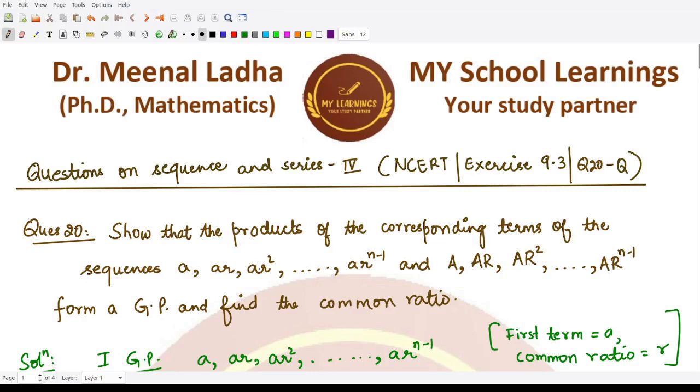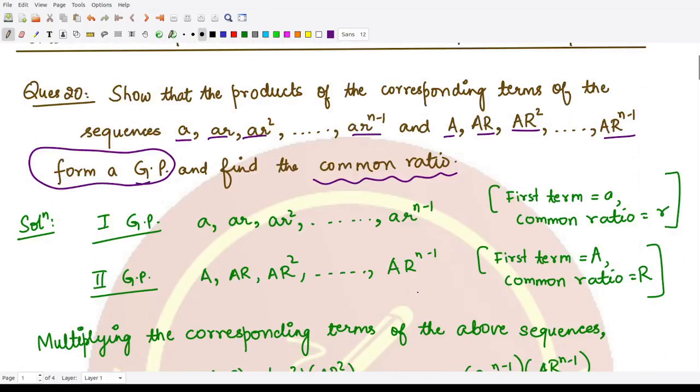So in terms of alphabets we need to show that the resulting sequence, obtained by taking the product of each corresponding term with each corresponding term, forms a GP. Another thing, we need to find its common ratio. So let's proceed to solving this question.